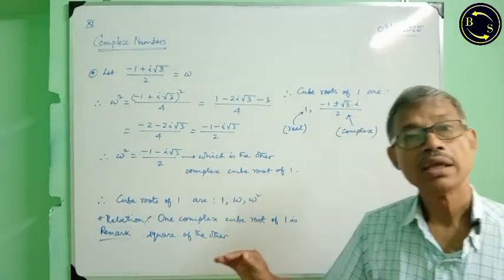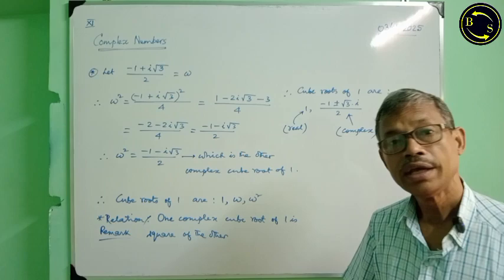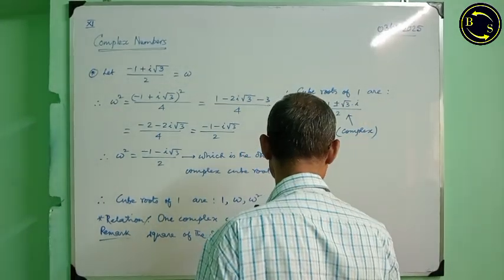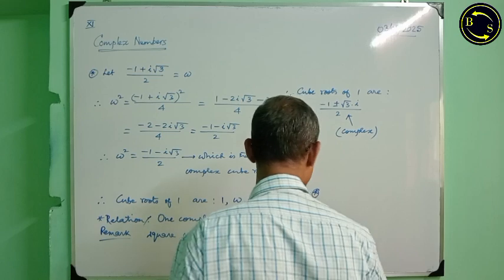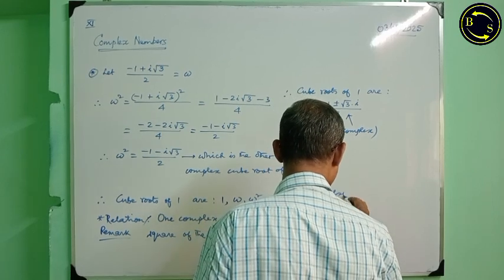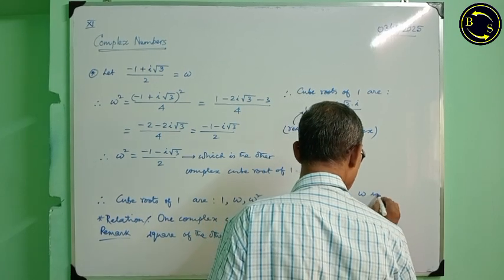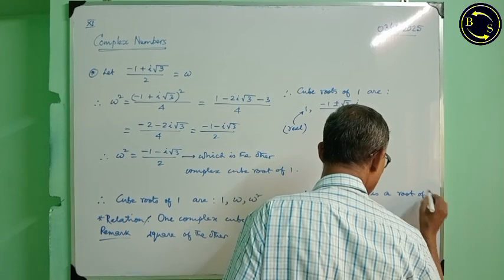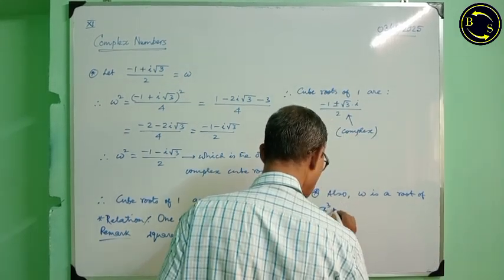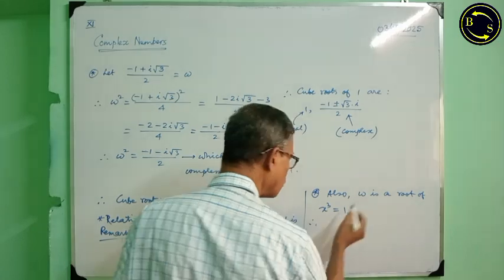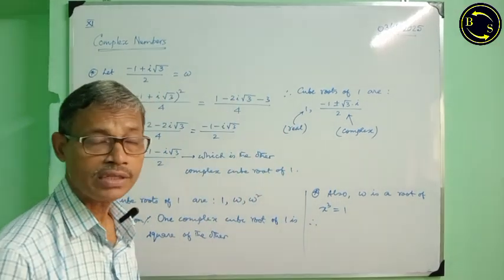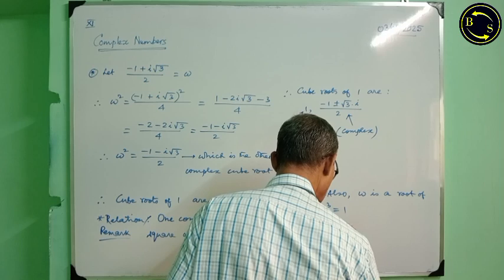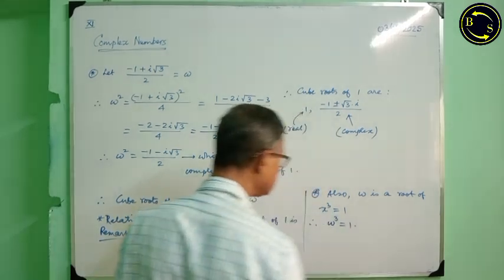Then we can say omega is also a root of x cube equal to 1. Therefore, that will satisfy the equation. Therefore, omega cube is equal to 1.